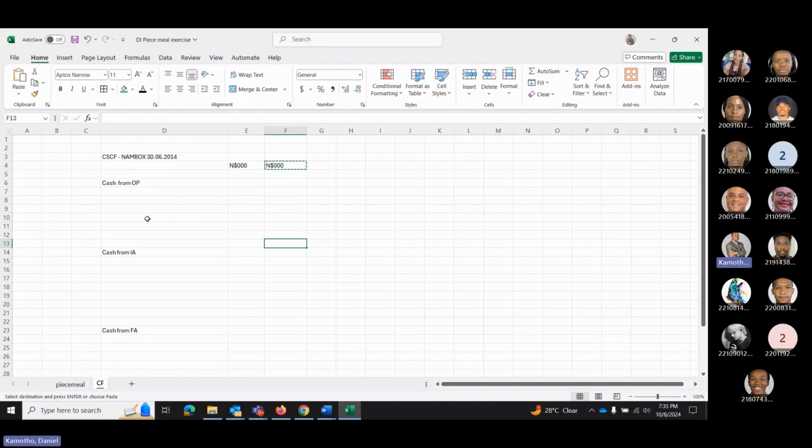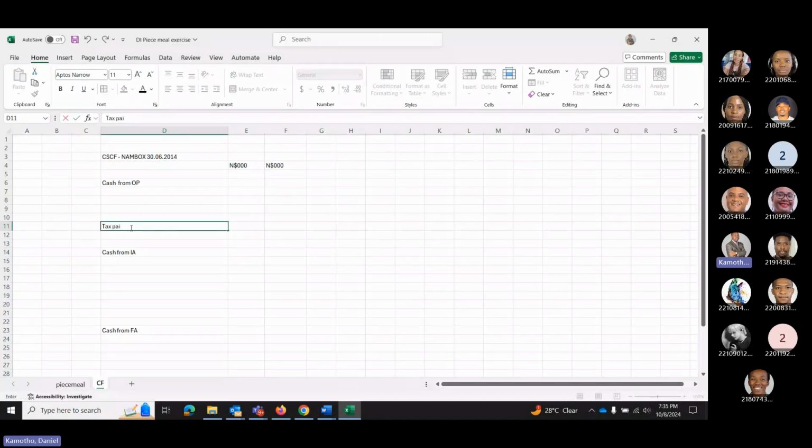And from operating activity, we'll always show what we call the tax paid, and the interest paid must be shown separately, although they are classified as operating activity.